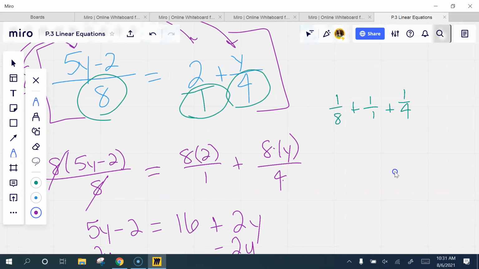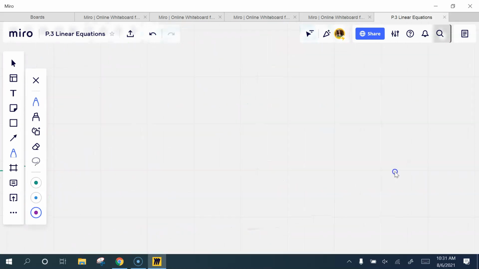What is the difference if I were to throw in... How is this different?